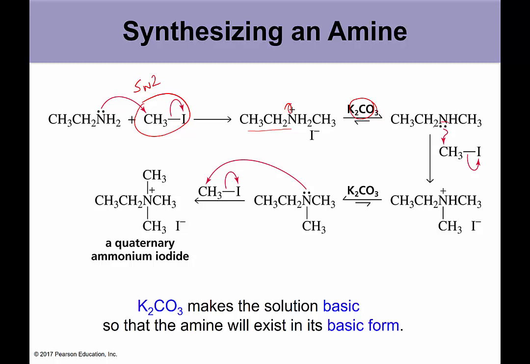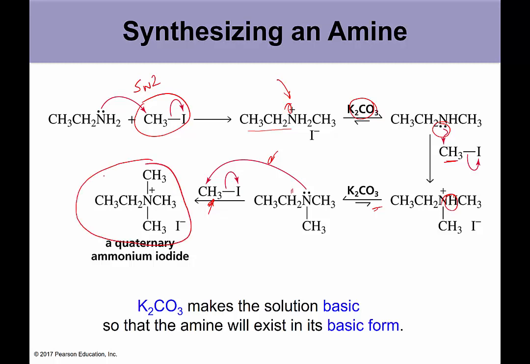Once you remove the hydrogen on that functional group, the amine, you can add another methyl group through an SN2 reaction, and again, the carbonate can be used to remove that excess proton, that is this proton that's here. Once that proton's gone, you can subsequently add another group through the use of another equivalent of methyl iodide, and as a result you end up with a quaternary ammonium salt.